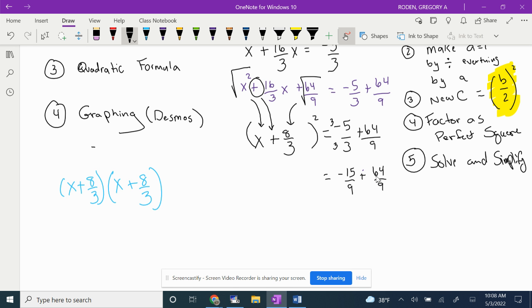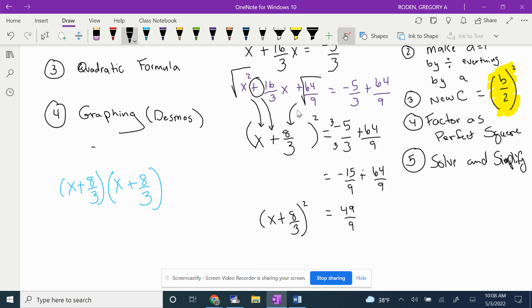What is 64 plus negative 15? 49. So now we have equals 49 ninths, and that's a really good fraction. Okay, and we also have this over here, x plus 8/3 squared. Any questions on what I've done?